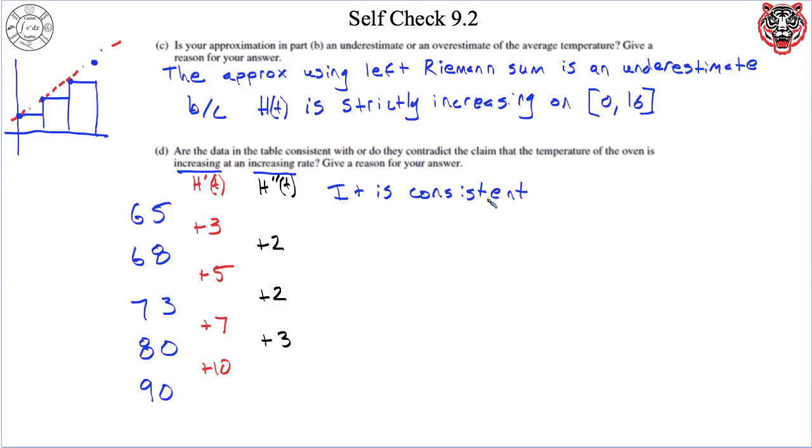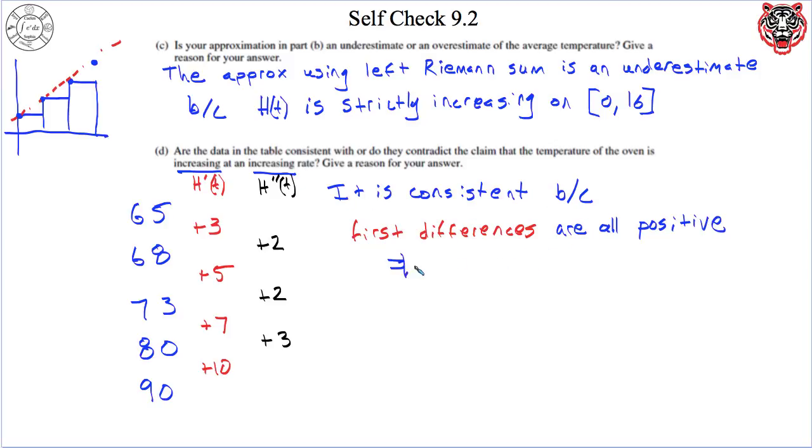And this is because first differences, I guess I should do first differences in red because that was our red values, are all positive, and this thing proves that it is increasing.